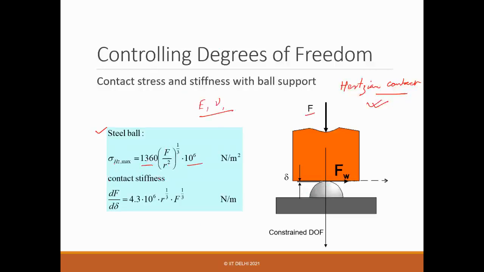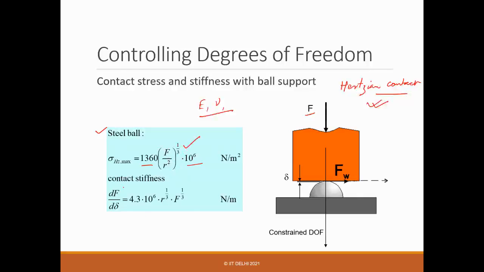The contact stress will be a function of the loading and the radius, F by R square to the power 1 by 3, the cube root. So this is not linear.